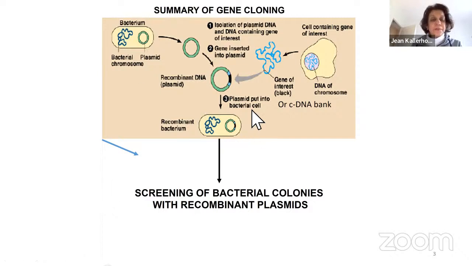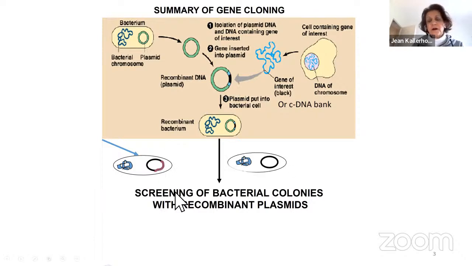But now the problem is, how do we know which ones are good? Because when you insert a gene sequence, some of them are inserted. Some of them are not inserted. And some of them don't have any plasmids.